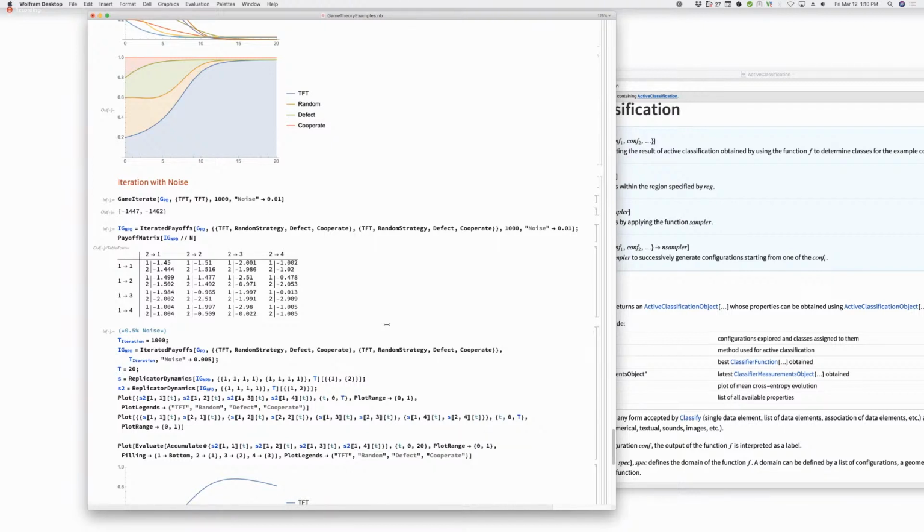Yeah, so I think GameSolve is a big function. It can take many options, and it can handle many different objects like Bayesian games, etc. Here, if you want, we can talk about Bayesian games sometimes as well.